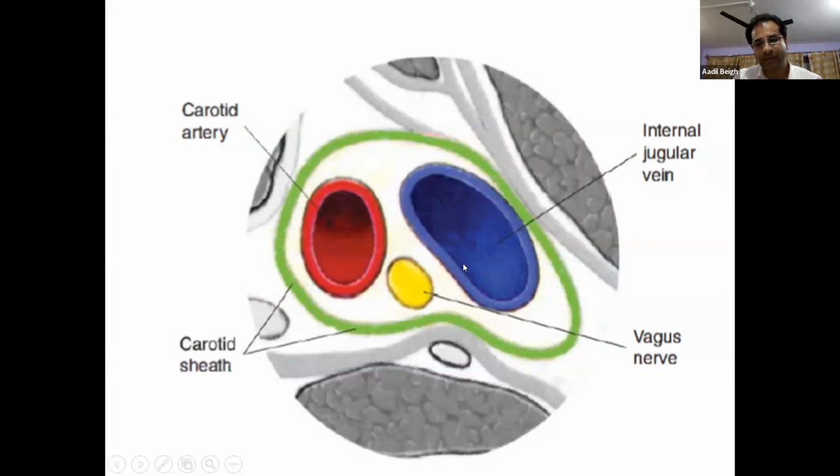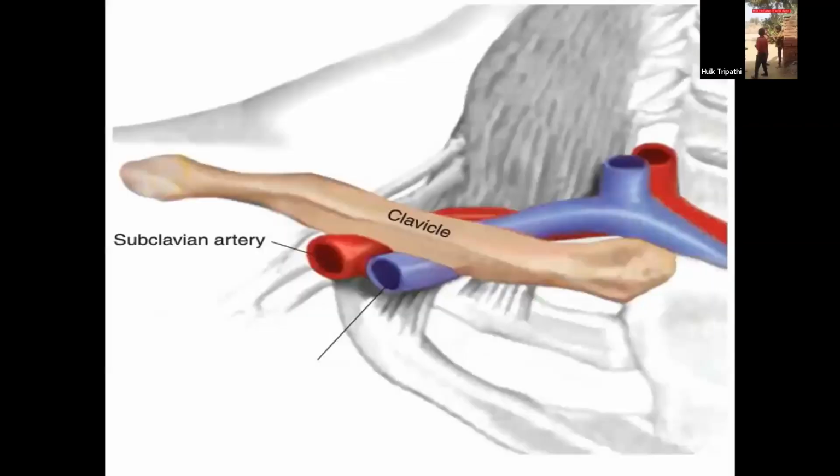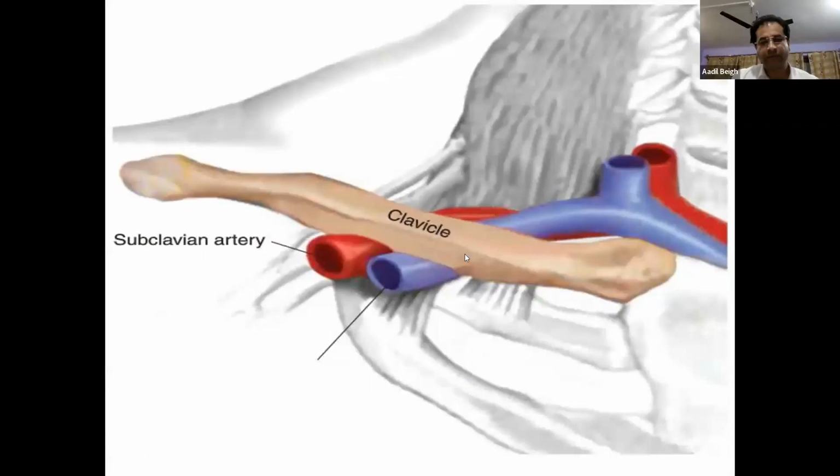This is a neurovascular bundle in the neck. Then from the clavicle, beyond the clavicle, the subclavian artery continues as the axillary artery.